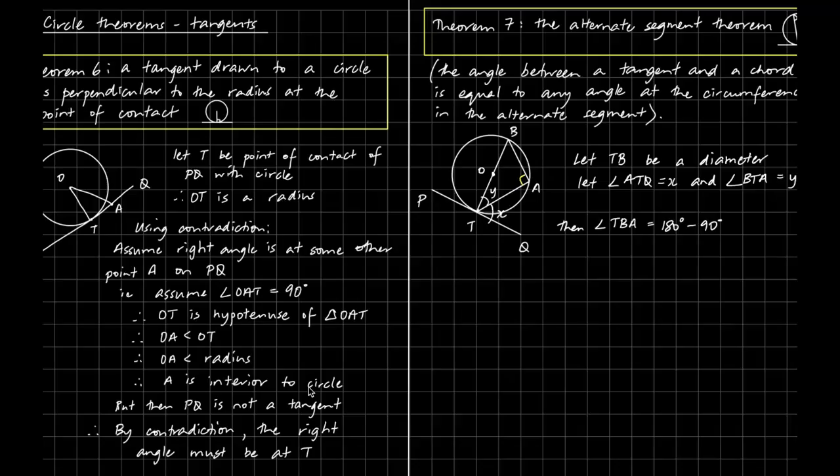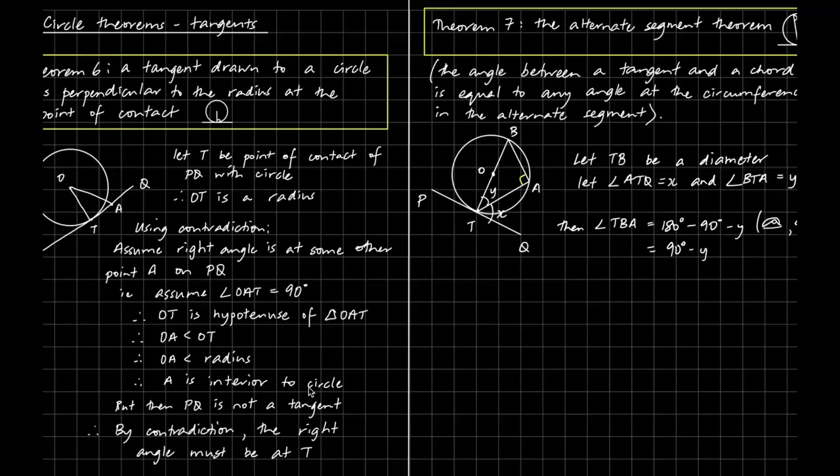So we're going to take away 90, and then we're also going to take away Y. So we've got a couple of theorems that we've used there. One is that any angle in a semicircle is a right angle, and the other one is just the angle sum of a triangle is 180. So 180 take 90 take Y is just equal to 90 minus Y.